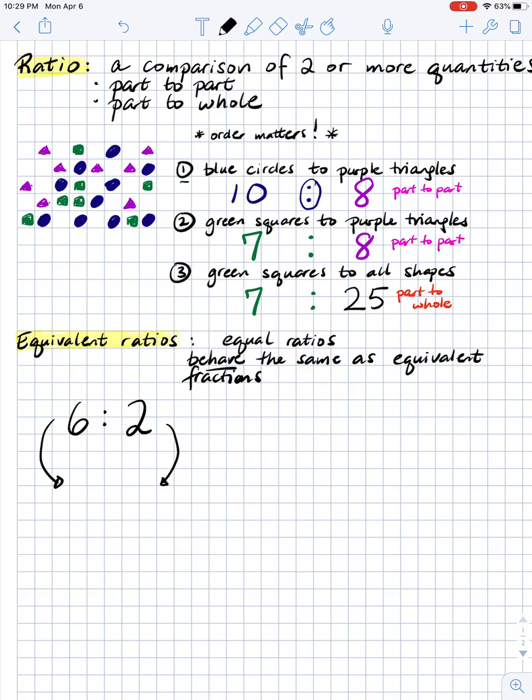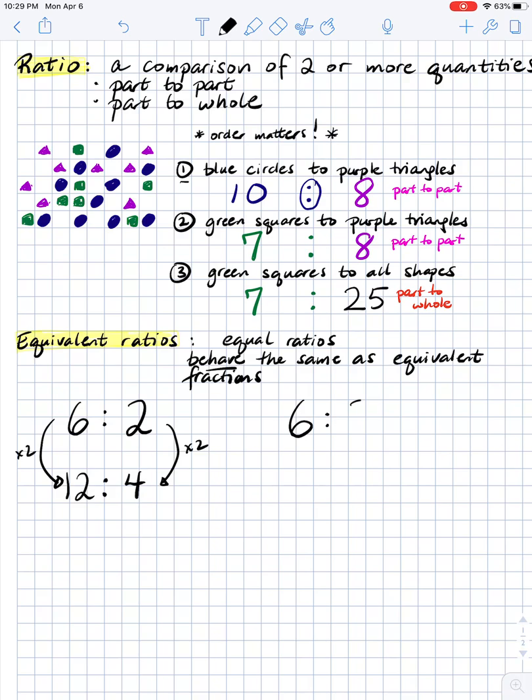Or if you're talking about a fraction, you'd think about the numerator and denominator. But instead, we refer to it as both sides of the ratio. You always multiply it by the same number. So if I want to double this, say I multiply both sides of the ratio by 2, I know the equivalent ratio of 6:2 would be 12:4.